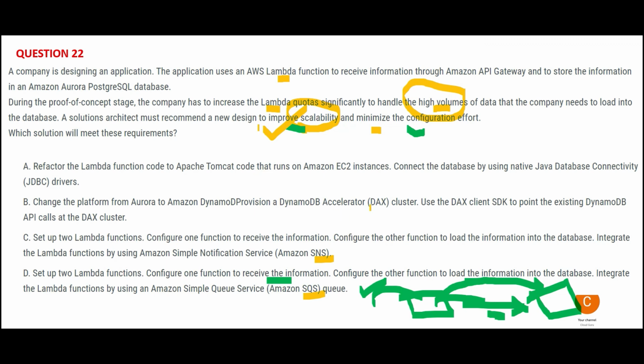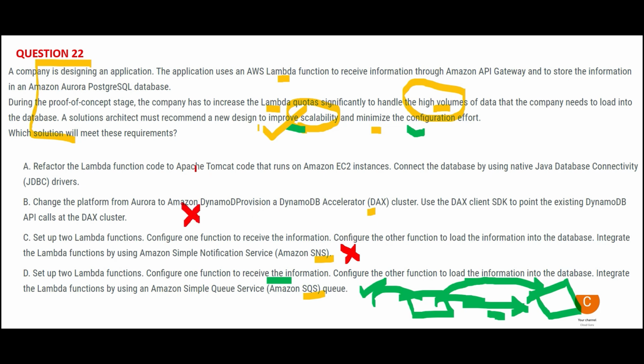Option B talks about DAX. You use DAX for improving the caching so that your read requests are faster. The question is not talking about anything around read requests. So this is wrong. So we established these two are wrong.